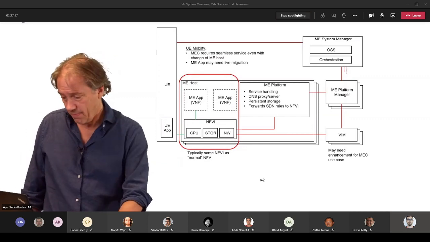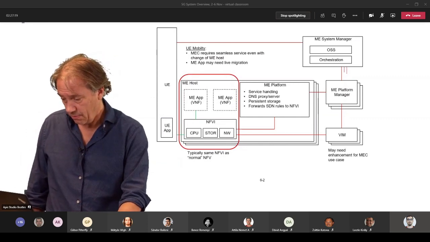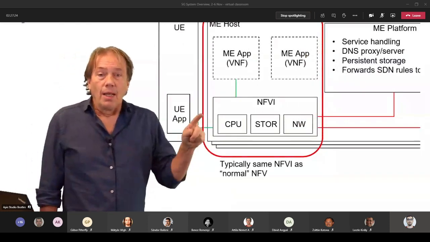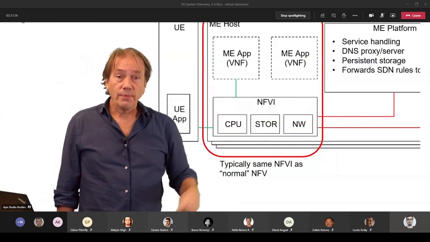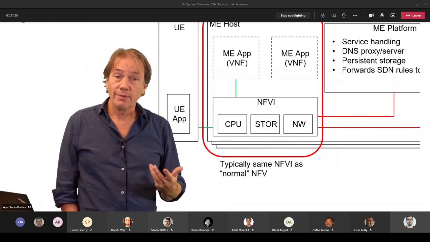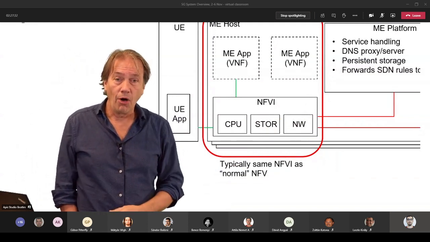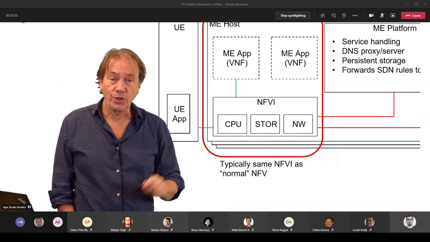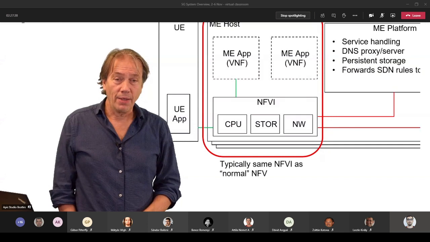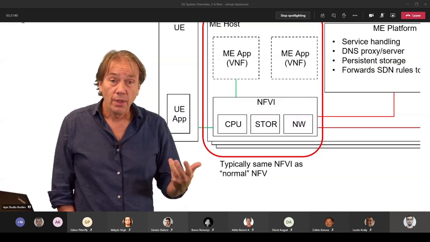I will zoom in. NFVI refers to NFV infrastructure. These are the physical hardware things, the COTS hardware things, which we have talked about before.